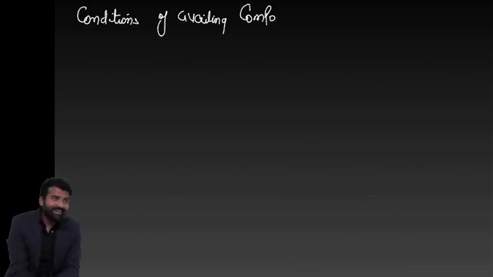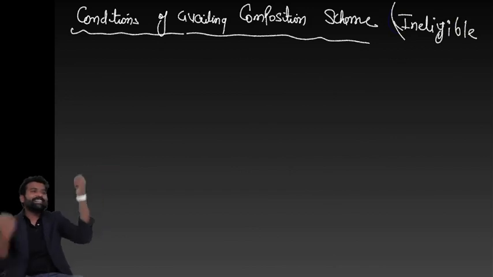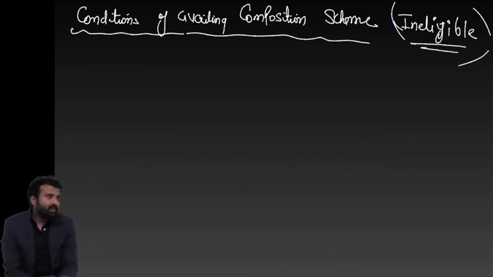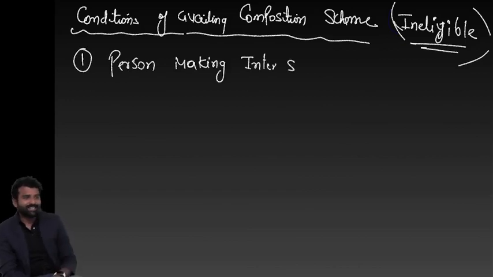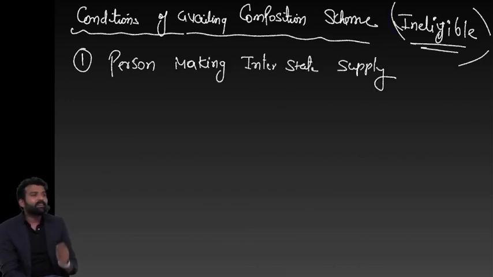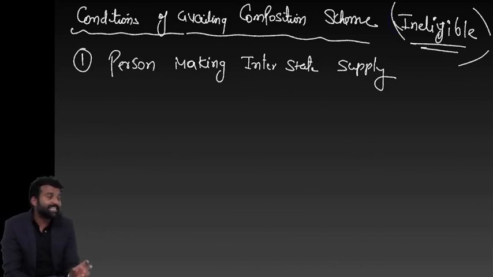Now, this is very interesting. If I want to avail the composition scheme, I cannot avail the composition scheme if I am doing an interstate transaction. A person selling goods outside the state is not allowed to opt for the composition scheme, and that's why the rate of tax I have given in the previous slide was only CGST and SGST.